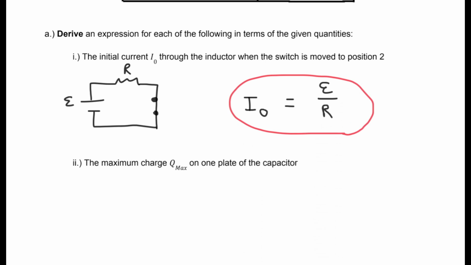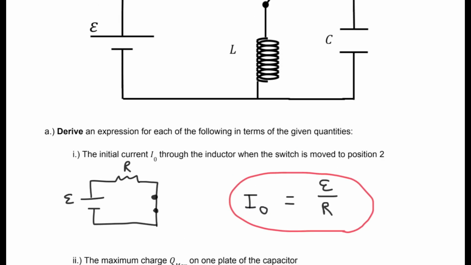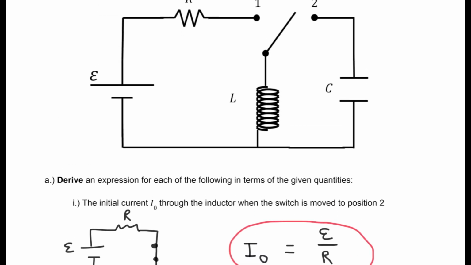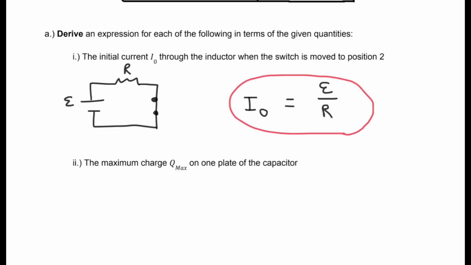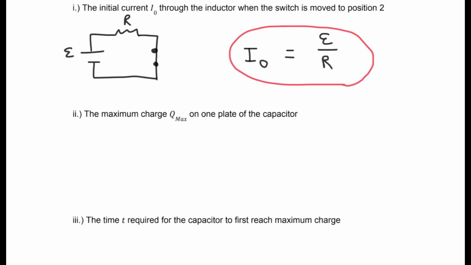So now we can find the maximum charge on one plate of the capacitor using the fact that at the start we have all the current we could possibly have through the inductor and nothing on the capacitor. So we can equate energies. The 1/2 L i squared energy at the start plus the 0 Q squared over 2C energy is equal to the 0 energy stored in the inductor when the capacitor is fully charged plus the Q squared over 2C for the capacitor.